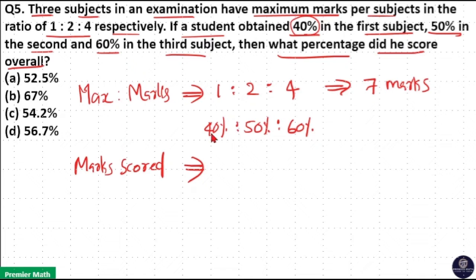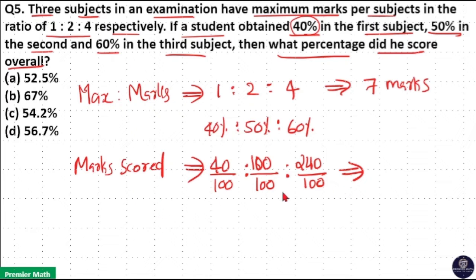Maximum mark is 1. 40 into 1, 40%, that is 40 by 100. Again, in the second subject, he scored 50% into 2, that is 100%, 100 by 100. Again, in the third subject, he scored 60 into 4, that is equal to 240%, 240 by 100.